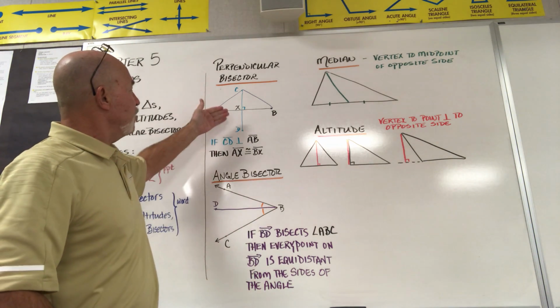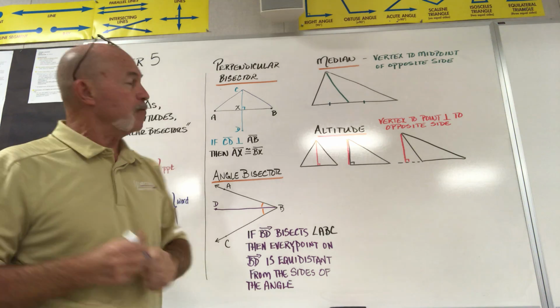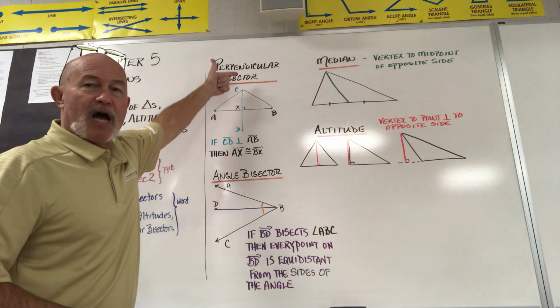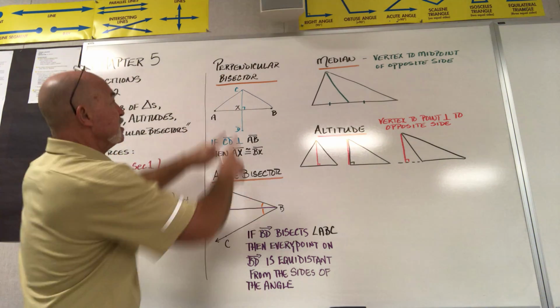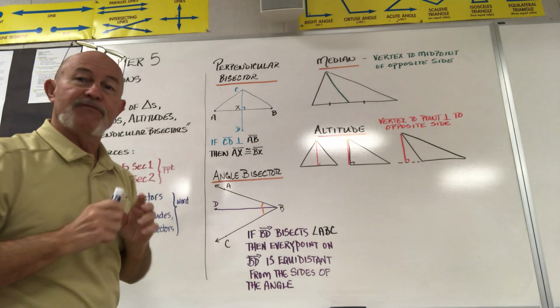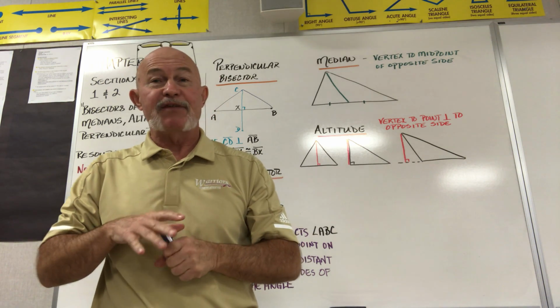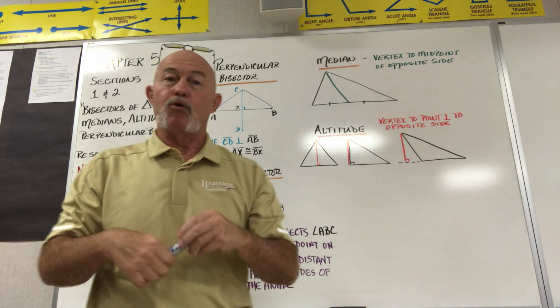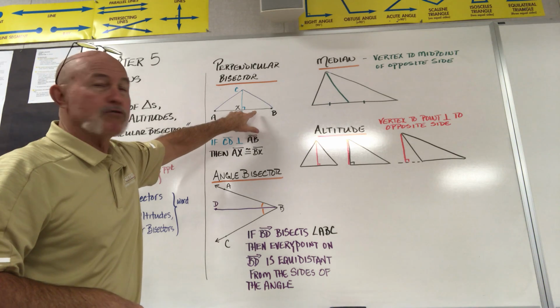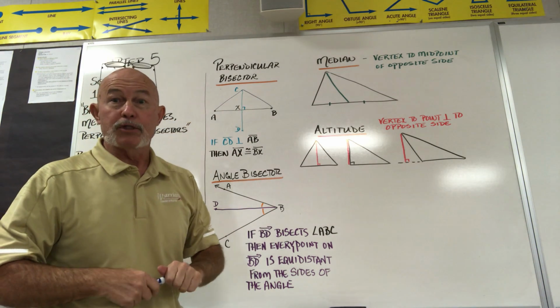Because one of the cool things about a perpendicular bisector is every point on that bisector is the same distance from the endpoint of the segment it's cutting in half. So it can create a lot of different triangles, and that's important because those two are equal to each other, and so are those.